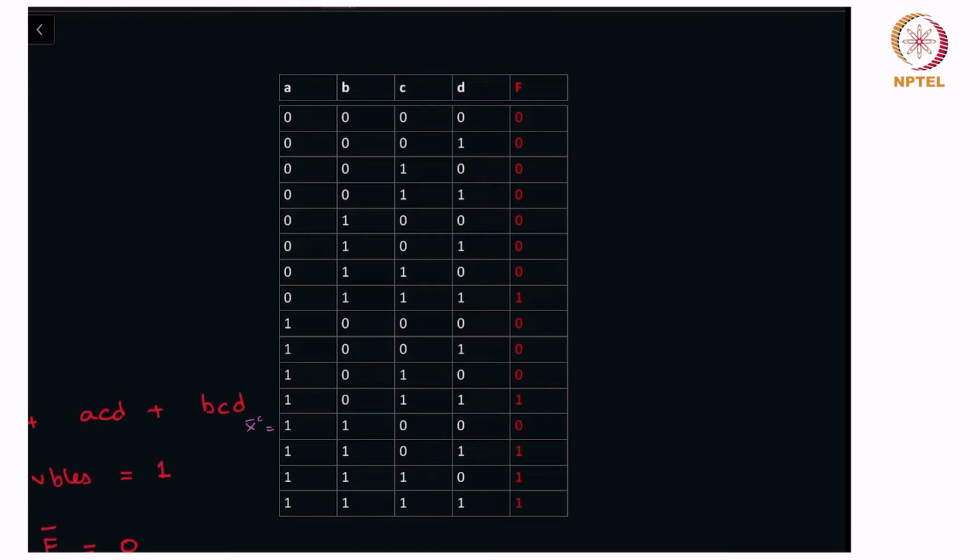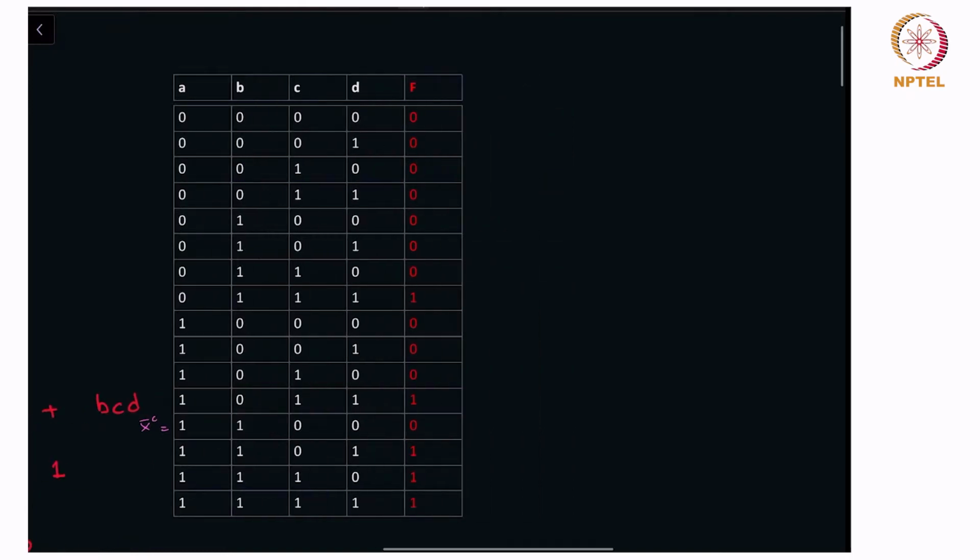So let us now check if the function is self-dual. The self-dual property is that f of x vector complement, that is the bitwise complement of x vector, is equal to the complement of f of x vector.